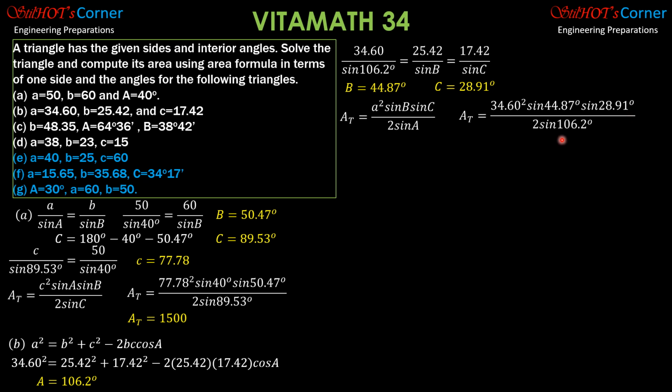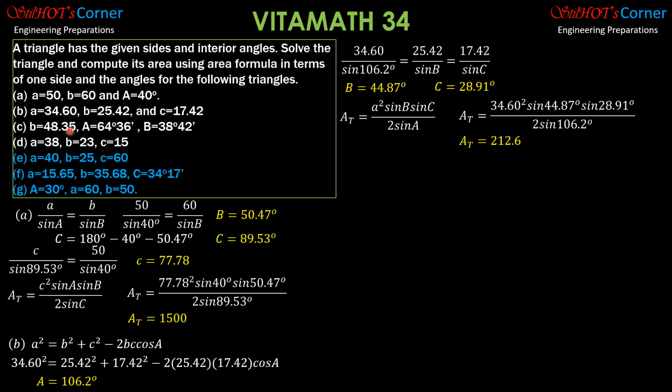That's the same as sine of 106.2 because 180 minus the sum of these two angles is equal to 106.2, and sine of 106.2 is equal to sine of the sum of these two angles. So area of triangle is 212.6 square units.